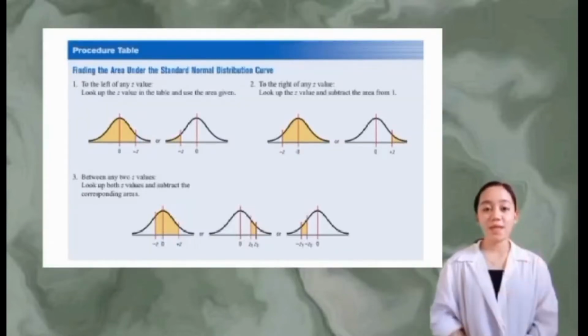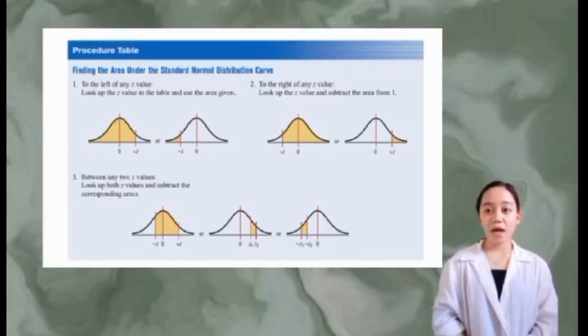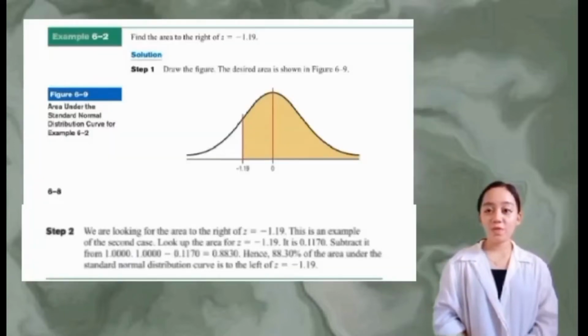Number 2. To the right of any z value, look up the z value and subtract the area from 1. For problem 2, we will find the area to the right of z, which is equal to negative 1.19. So this is an example of the second case.